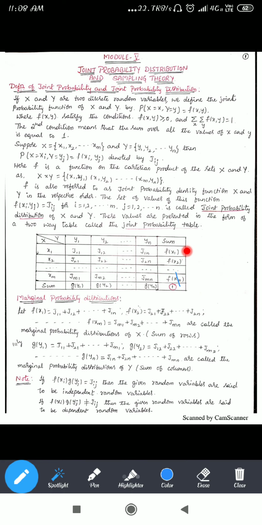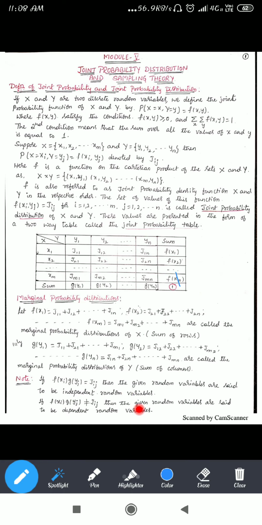If you mention only that part, f of x and g of y, while doing the problems you'll get to know the same thing. This f of x and g of y are the marginal probability distributions.